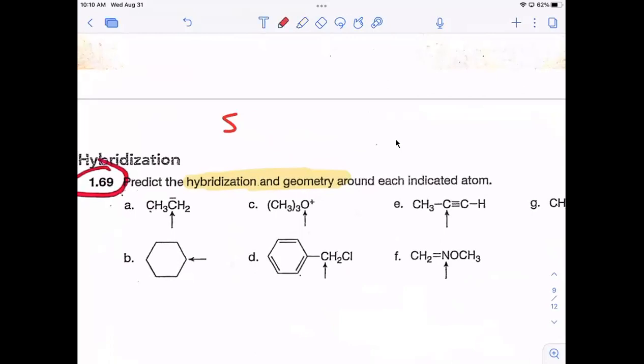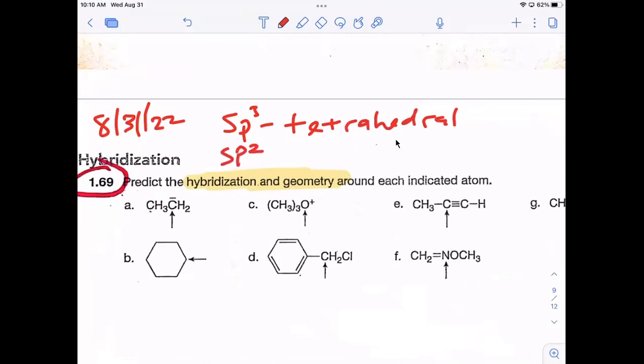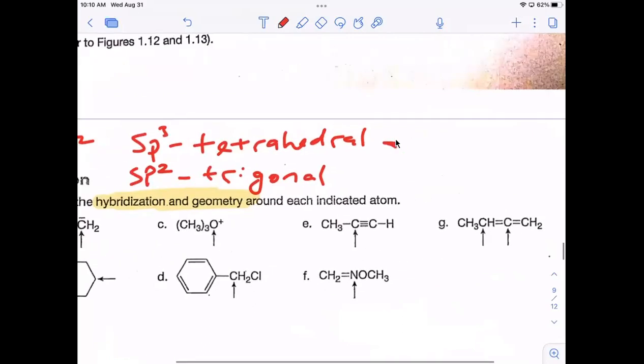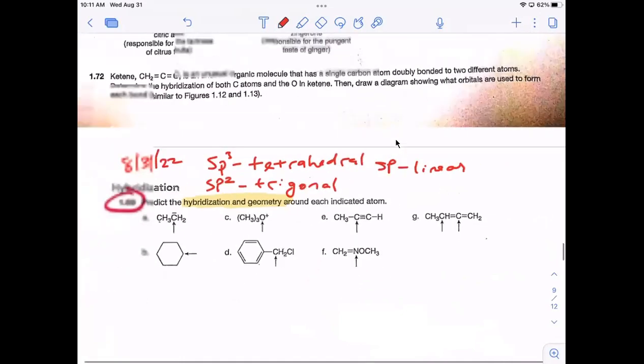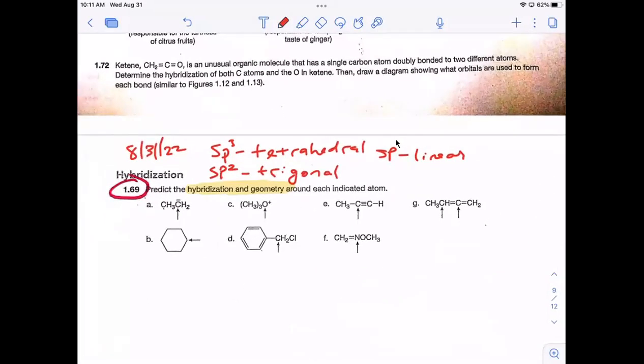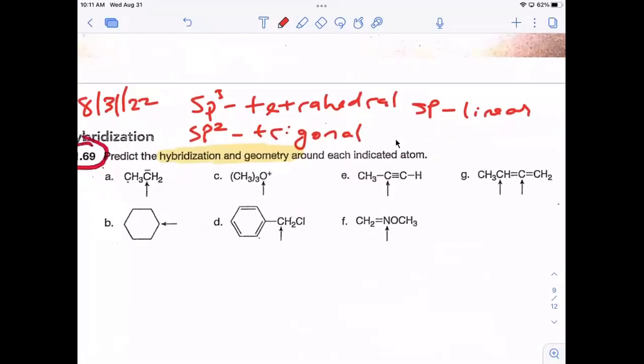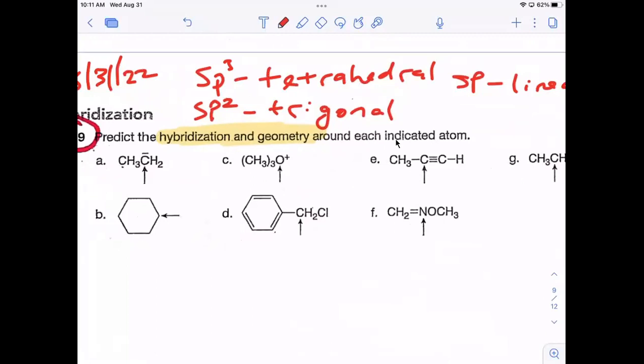If you remember, sp3 is tetrahedral, sp2 is trigonal, and sp is linear. Now let's look at this, because it will give us a chance to touch another topic too.